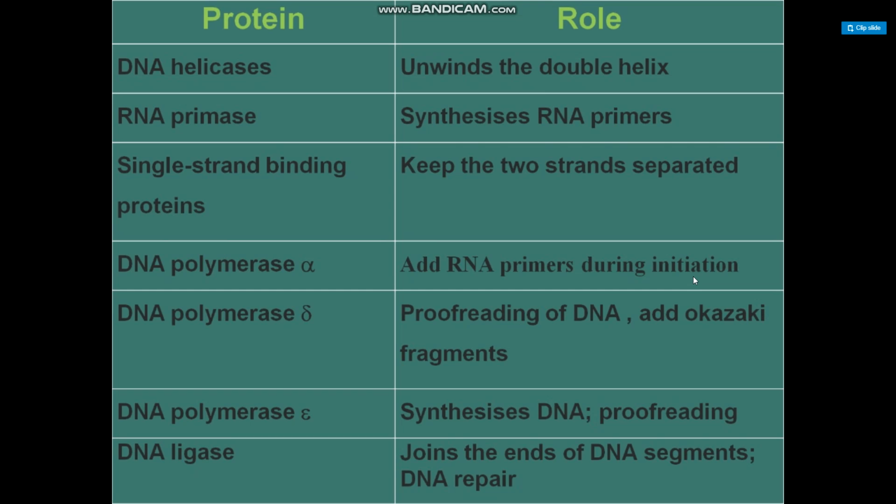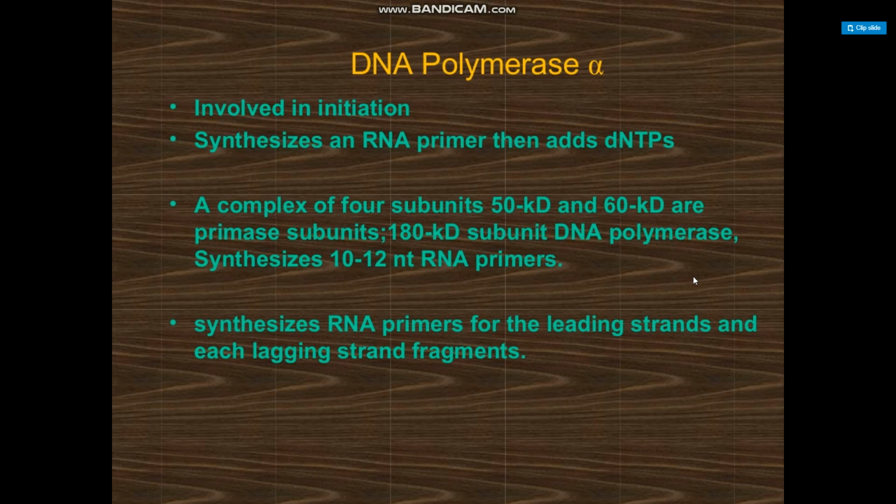DNA polymerase epsilon synthesizes DNA and also does proofreading. The last protein in replication is DNA ligase, which joins the ends of DNA segments and does DNA repair. First we discuss DNA polymerase alpha, involved in initiation.